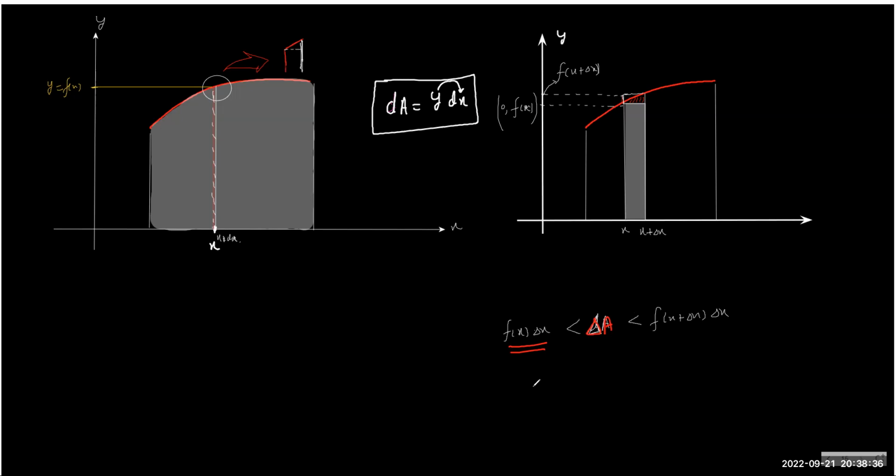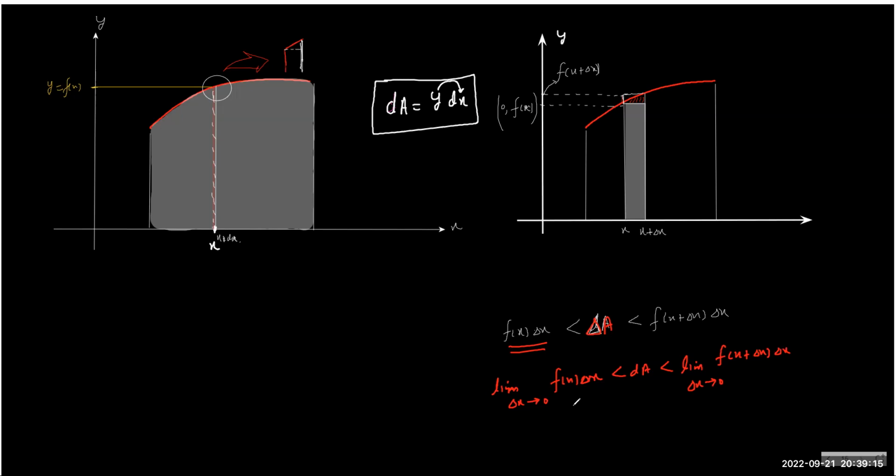So what we do is, if delta x tends to 0, so just write here limit delta x tends to 0.